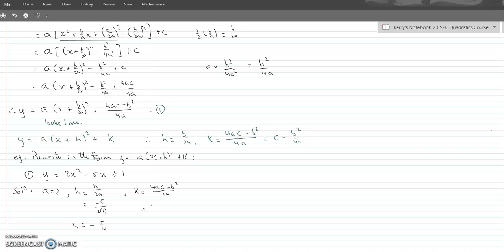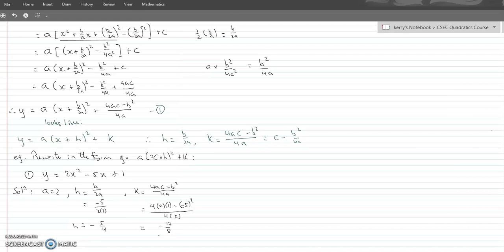So that becomes 4 by a, which is 2, by c, which is 1, minus b squared, which is minus 5 squared. Notice the brackets are on a negative number, all over 4 by 2. Now, when we simplify this number, you get 8 minus 25, which is negative 17, all over 4 by 2 is 8.